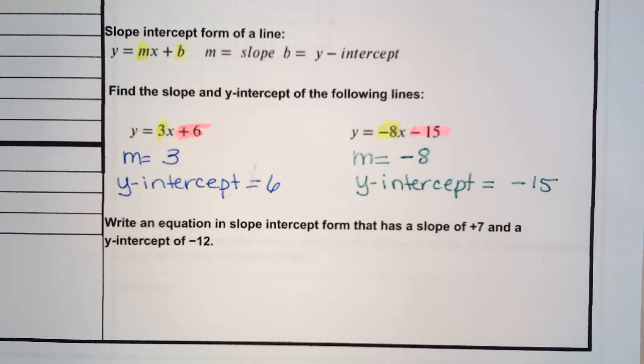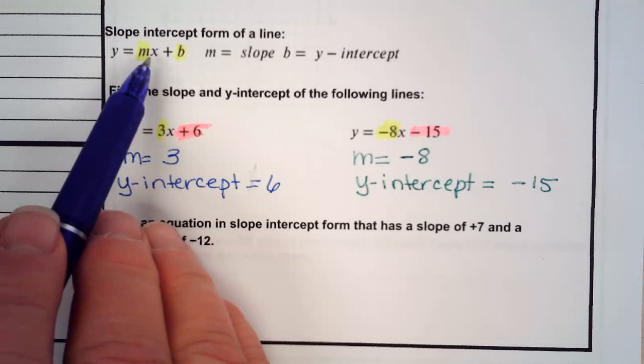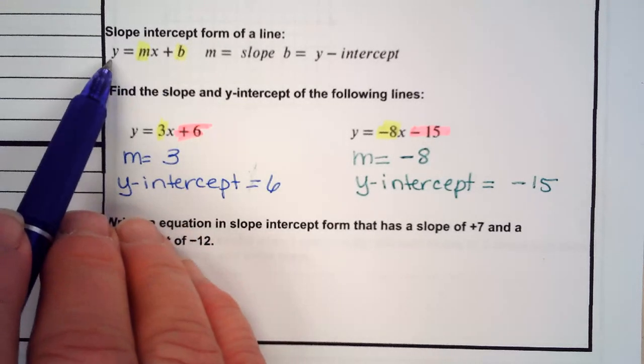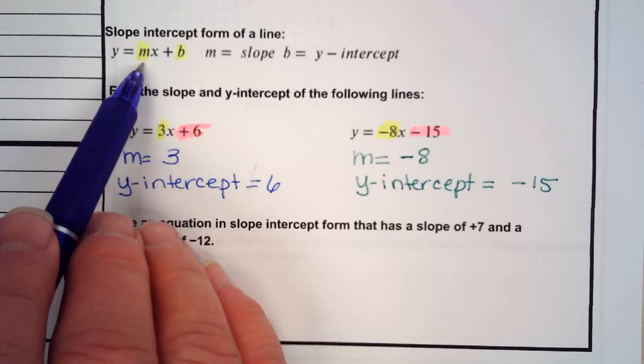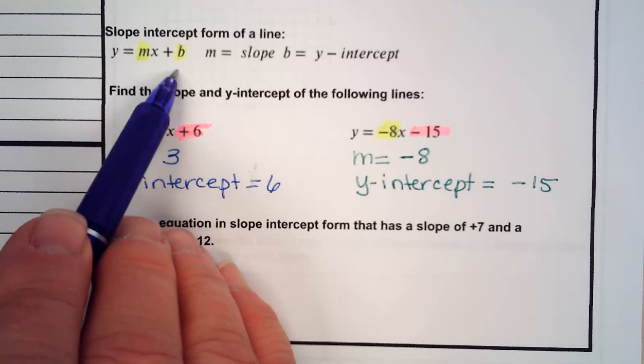Can you write an equation in slope-intercept form that has a slope of 7 and a y-intercept of negative 12? Y equals mx plus b. So remember, the y and the x stay the same. You're substituting in m for your slope and b for your y-intercept.